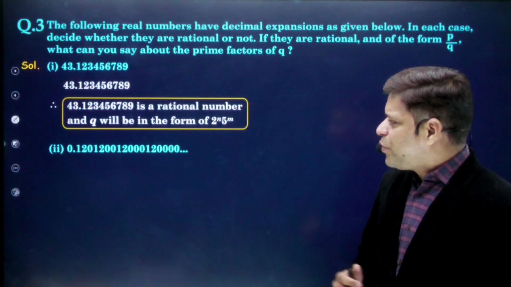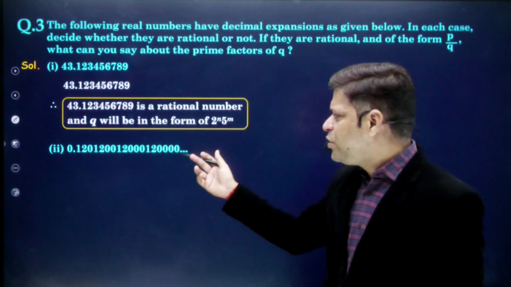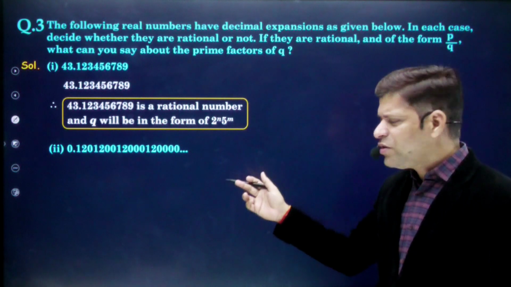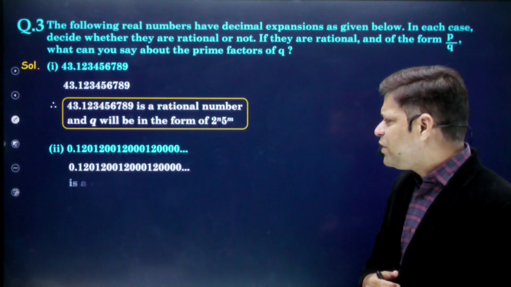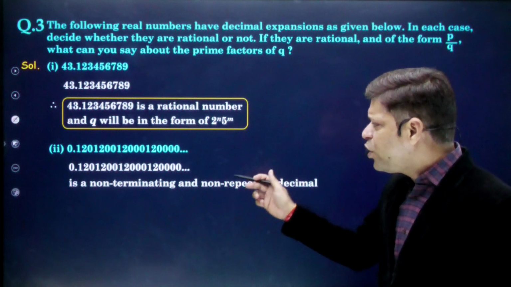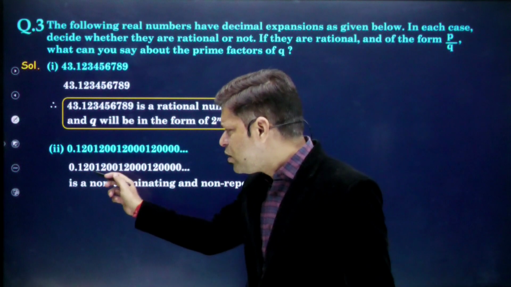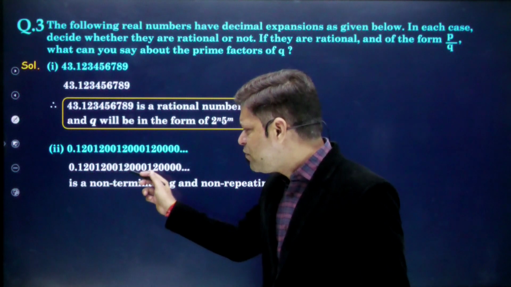The next one is 0.1201200012000 and so on, which is non-terminating. Here we can see that it is non-terminating and non-repeating. You can see that it is not repeating: after the decimal, 120, then 1200, then 12000.